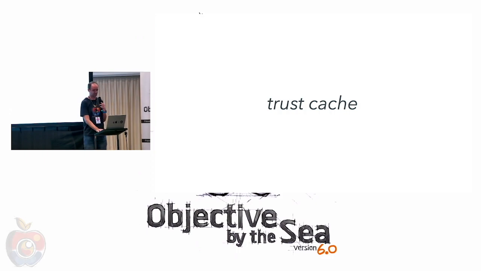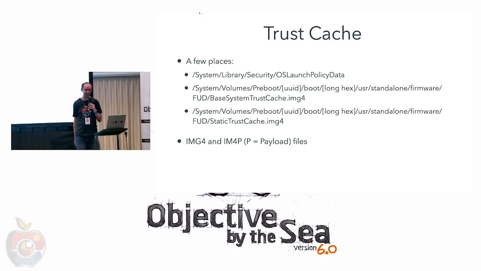Trust cache. So I mentioned that all of this is in the trust cache. So where we can actually find this and extract the information. Trust cache is coming from the iOS world, and I'm really not into that space. I found these 3 different trust caches. I didn't investigate what the difference between them is and what each of them means.